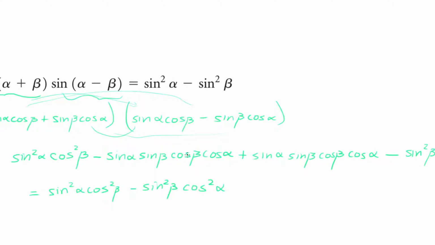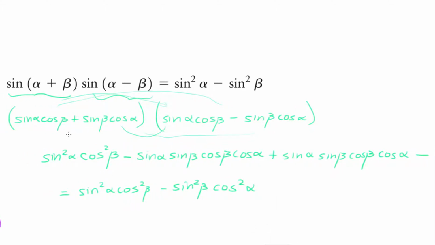Now from here we still have cosine squared beta and cosine squared alpha, and the answer is this without that. Let me see. I don't see anything wrong. Sine alpha, cosine beta, sine alpha, cosine beta, minus.